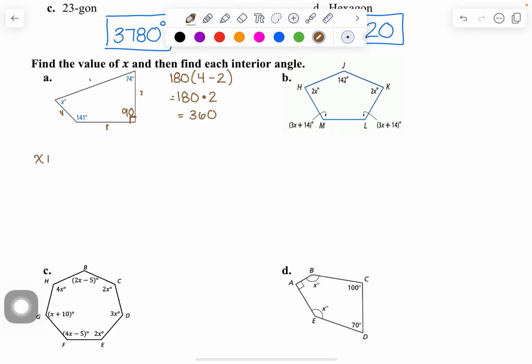One of them's X, one of them's 74, one of them's 90, and one of them's 141. I highly, highly, highly recommend you start at an angle and then move your way around the shape. That helps keep track of which angles you've done, because oftentimes people lose track of angles if they don't go in a specific order.